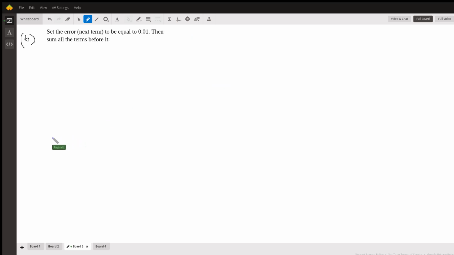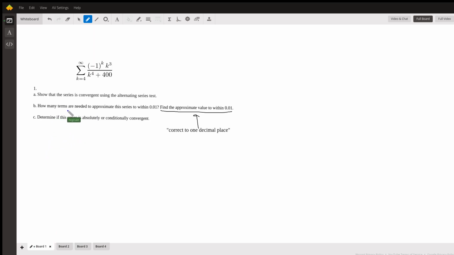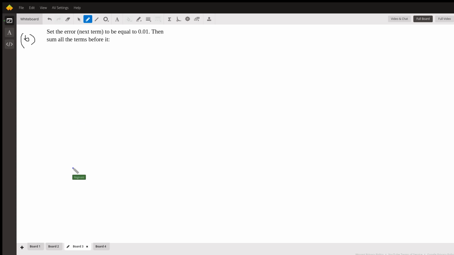For the second part, how many terms are needed to approximate the series to within 0.01? They've got to approximate it. The next term of the alternating series is going to be the error bound.